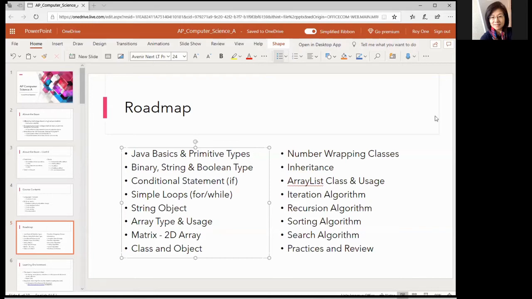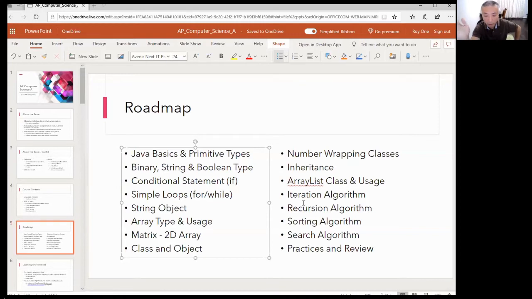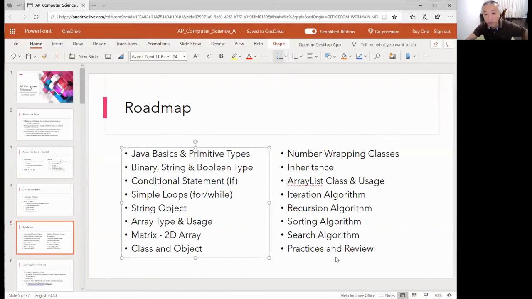Cool. So in this class, when I started to design it, I strictly followed the textbook chapters. I saw there were 16 chapters, so I said, okay, this class will have 16 units, and these are the topics we're going to cover.